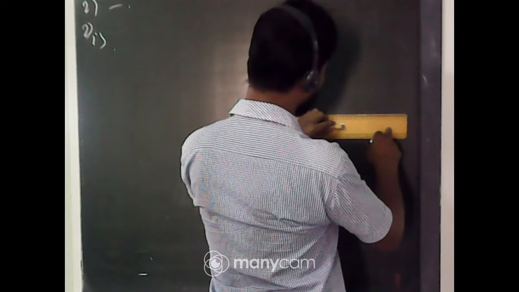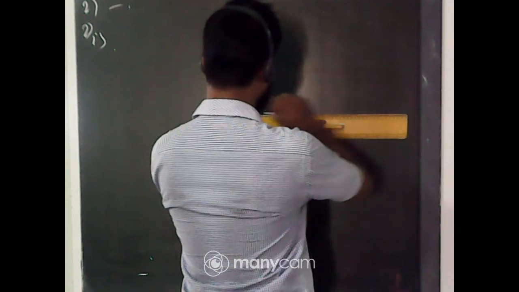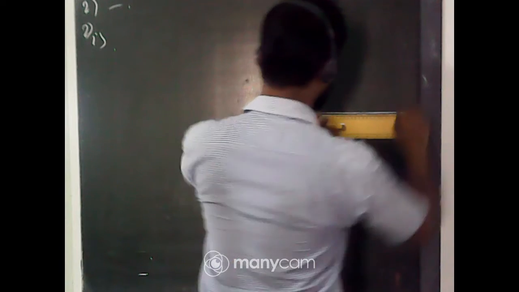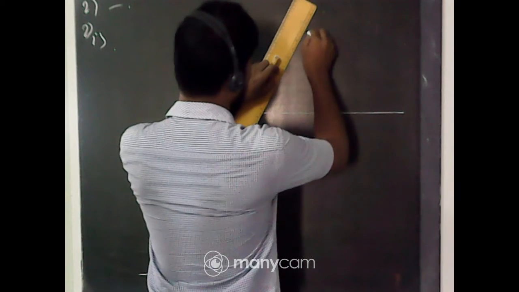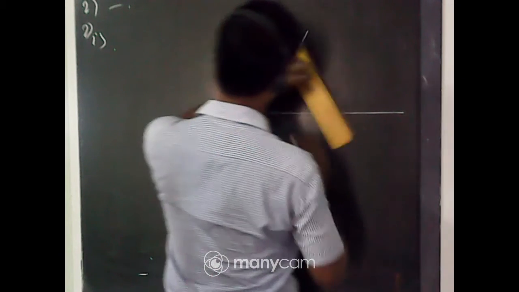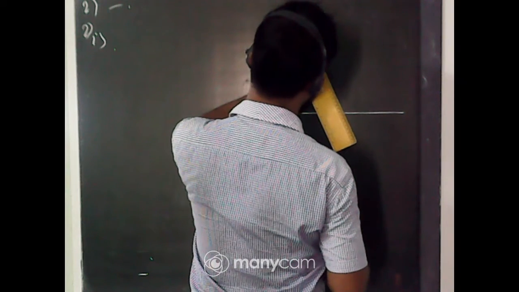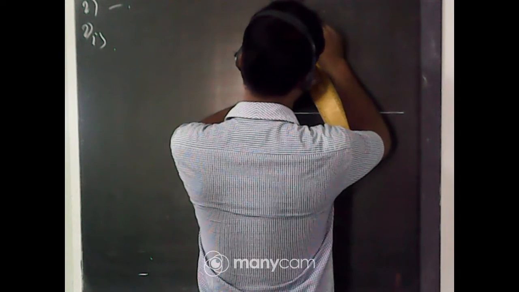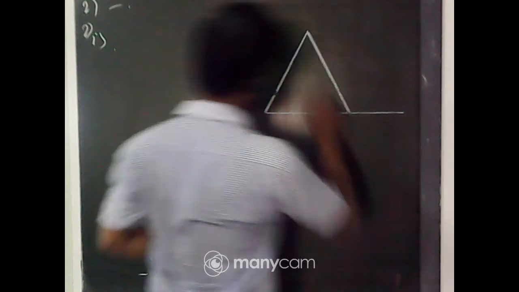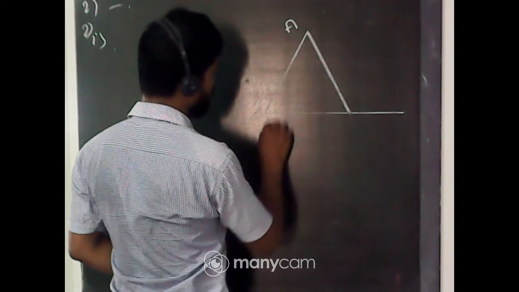So first we have to draw the diagram. I am drawing the first diagram. One triangle is given and one side is produced to a certain point. Let us consider the triangle is ABC.